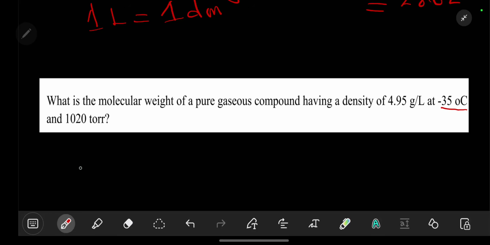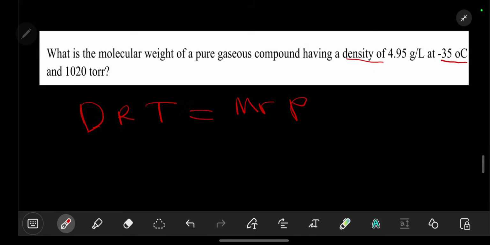So we know that dRT, provided with the density, dRT is equal to the M times P, like that. So we are going to substitute. Now we must make sure that the pressure is in the right unit. Torr is a pressure unit, so we have to convert this pressure into atmospheres.